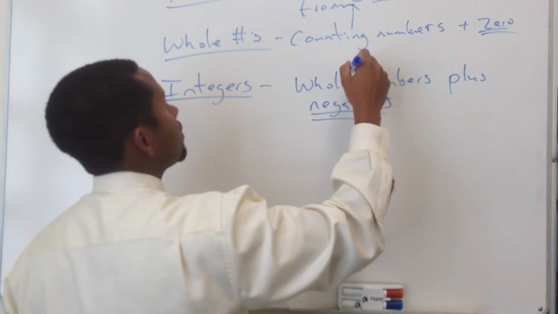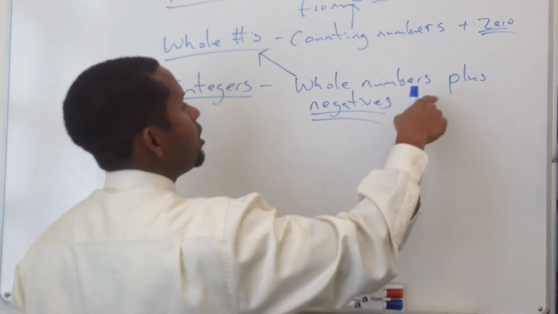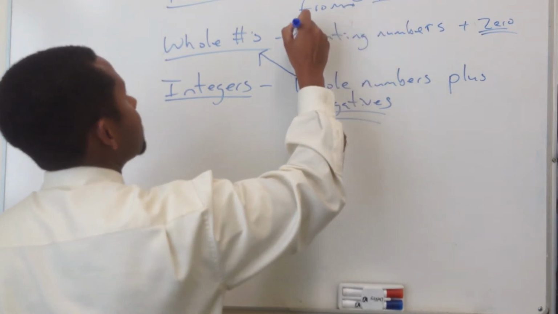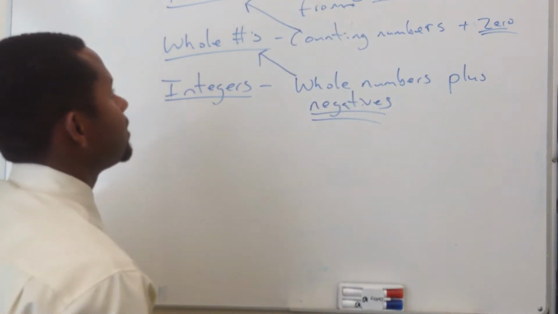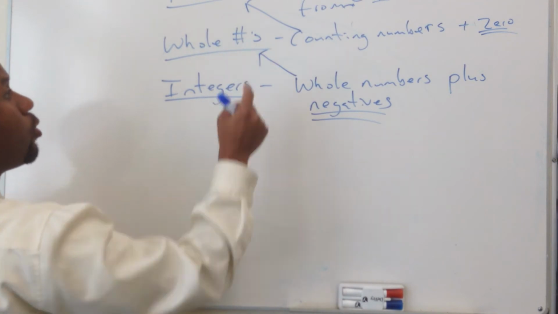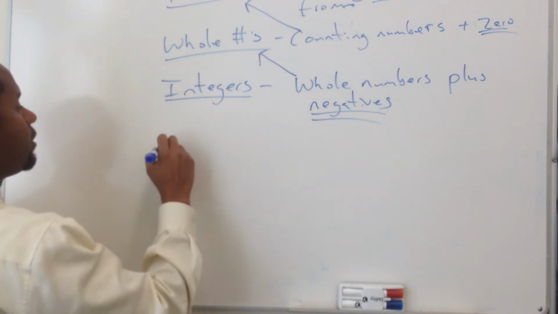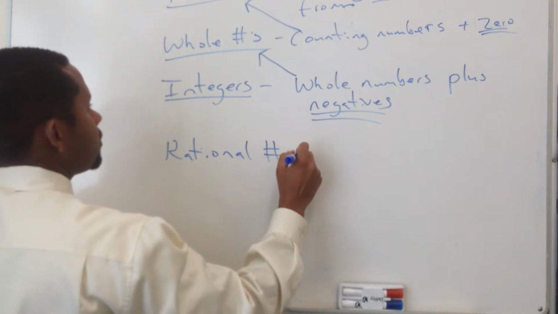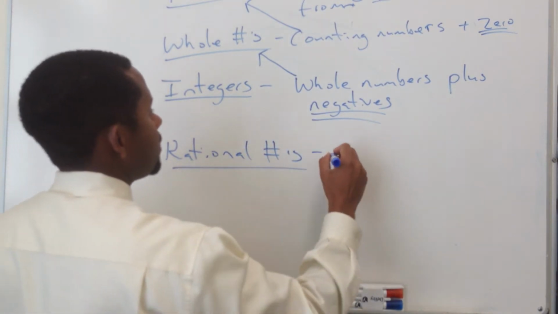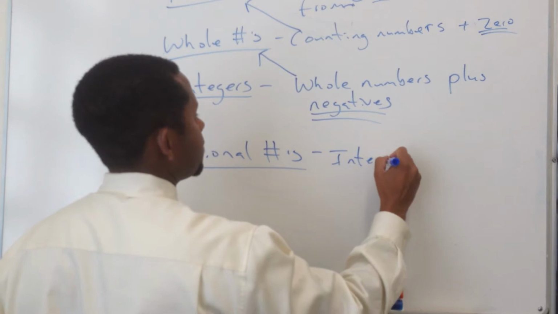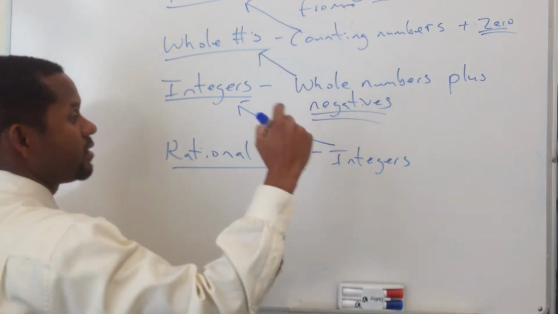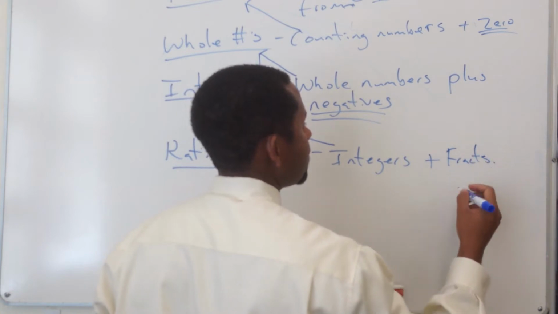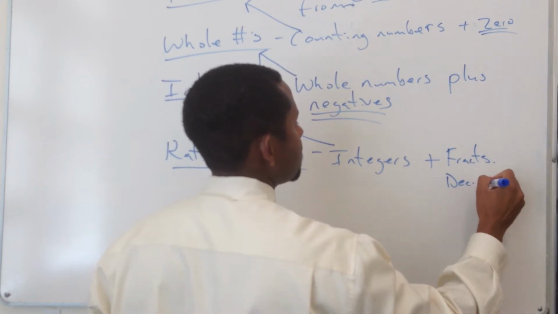Integers took the whole numbers plus negatives. Rational numbers take your integers, so all of this stuff, plus fractions and decimals.